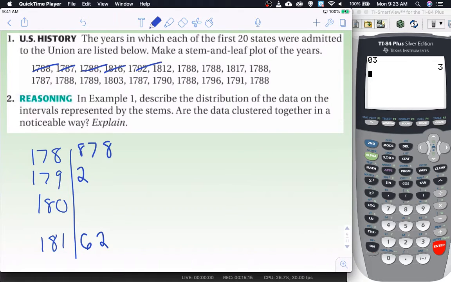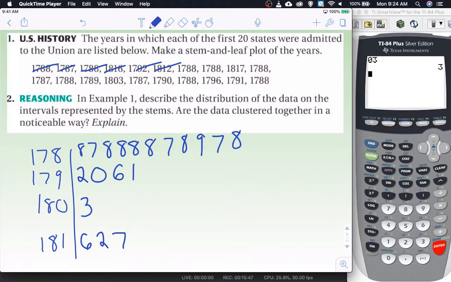I've done up to there. 1788, 1788, 1817, 1888, 1787, 1788, 1789, 1803, 1787, 1790, 1788, 1796, 1791, 1788.